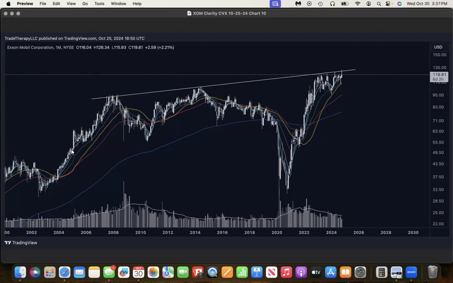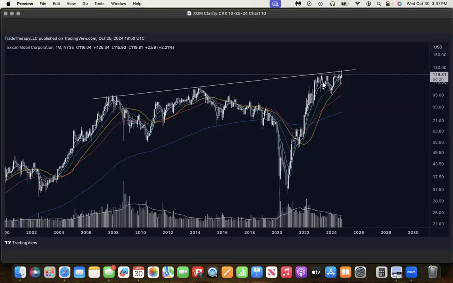You can see that, comparatively speaking, both of these just don't even compare to how strong this uptrend was, how strong this market was.